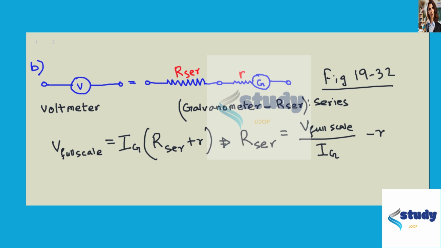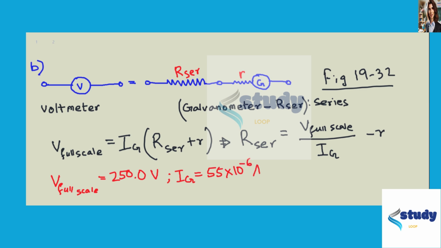So now we know that V full scale is equal to 250 volts. And then again, Ig is given, which is 55 microamps.